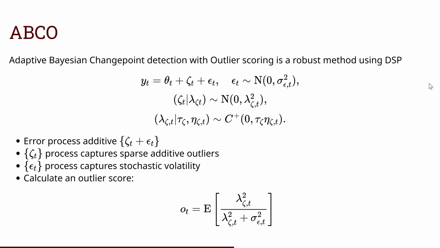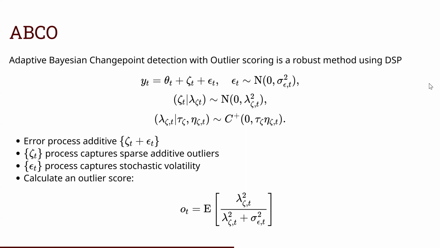Then we can calculate a derived quantity based on our posterior, where at each time point we can label how much of the measurement variance is attributed to the outlier process at that time. If it's a large proportion, then it's likely that that is an outlier. The difference to the dynamic shrinkage is that we don't have dependence for the outliers, so we're assuming these are non-correlated, randomly occurring outliers.